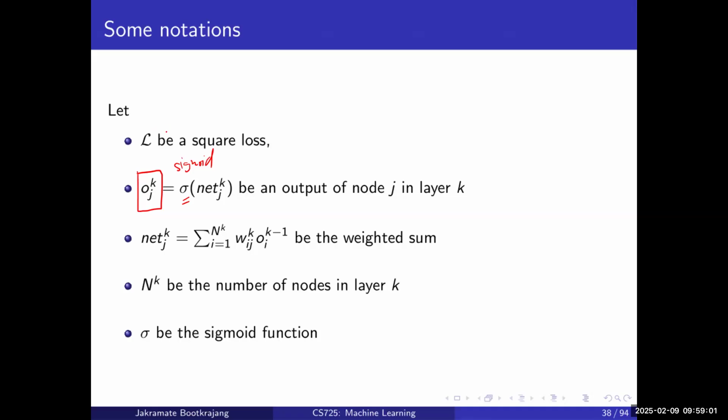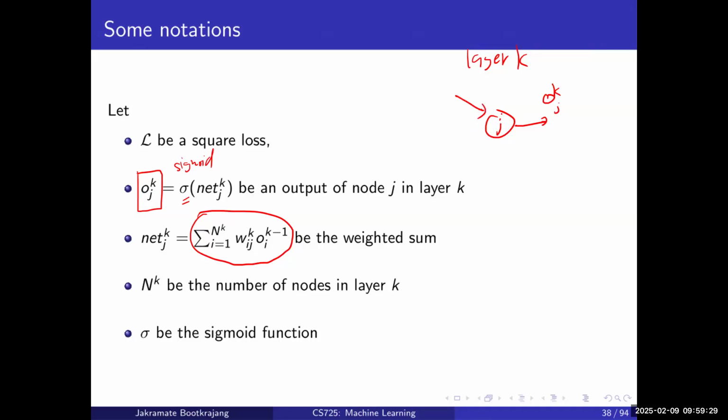So we have layer k, we have the node j, and the output is O_jk, right?